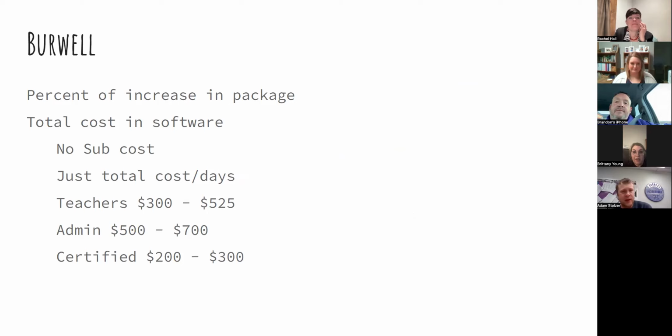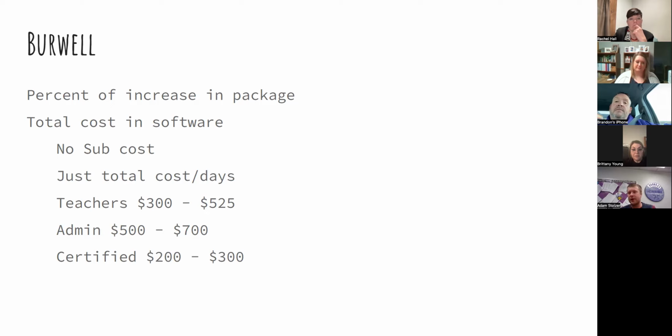Okay, so the first thing that we do with ours when we look at the negotiations is the percent of the increase on the package, which takes in not just their salary, but everything. I know some neighboring districts just look at their increase on base salary, so it's a lot different where we encompass everything. That percent of increase or decrease is a good guiding number for raises as you look at certified, classified, administrative.